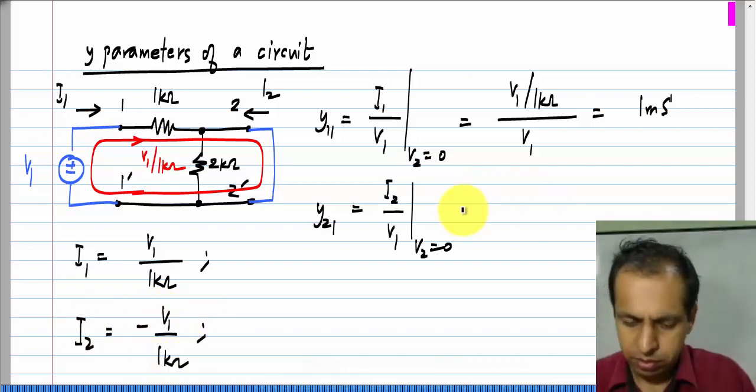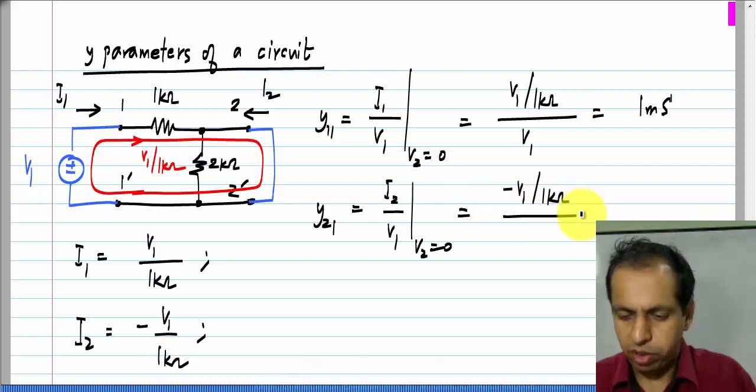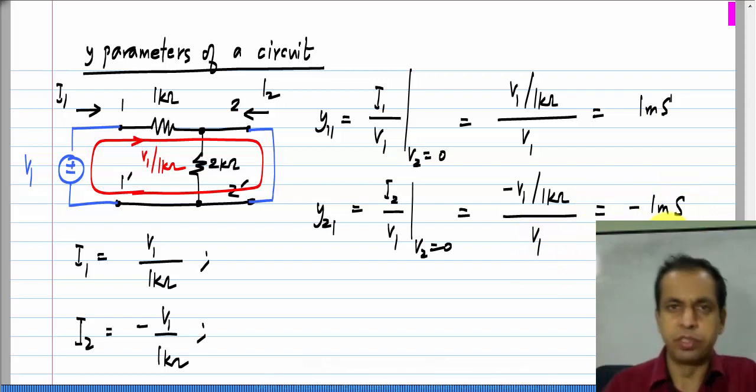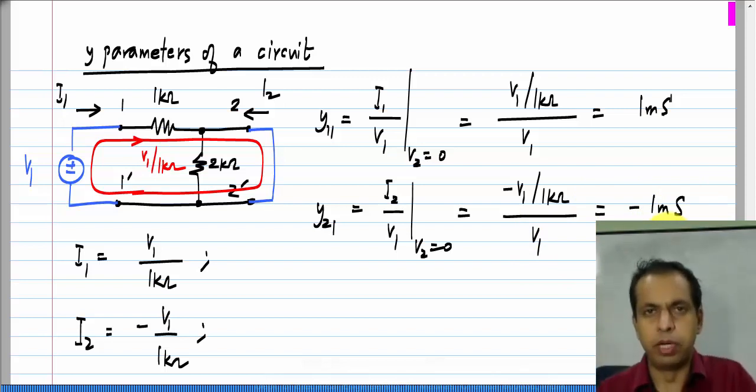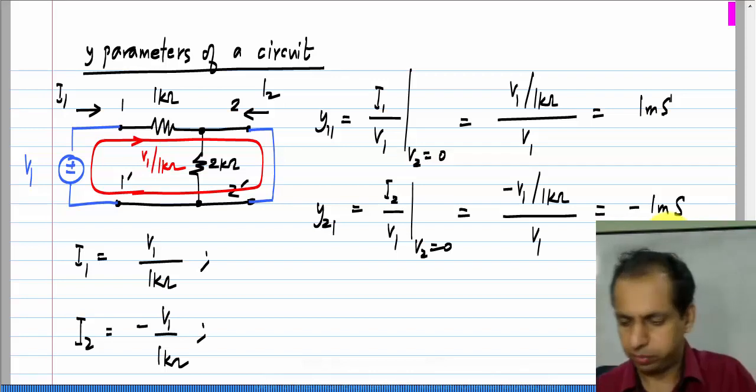Okay. So, this is minus V1 by 1 kilo ohm divided by V1, which gives you minus 1 millisiemens. Okay. So, that is the value of y21.